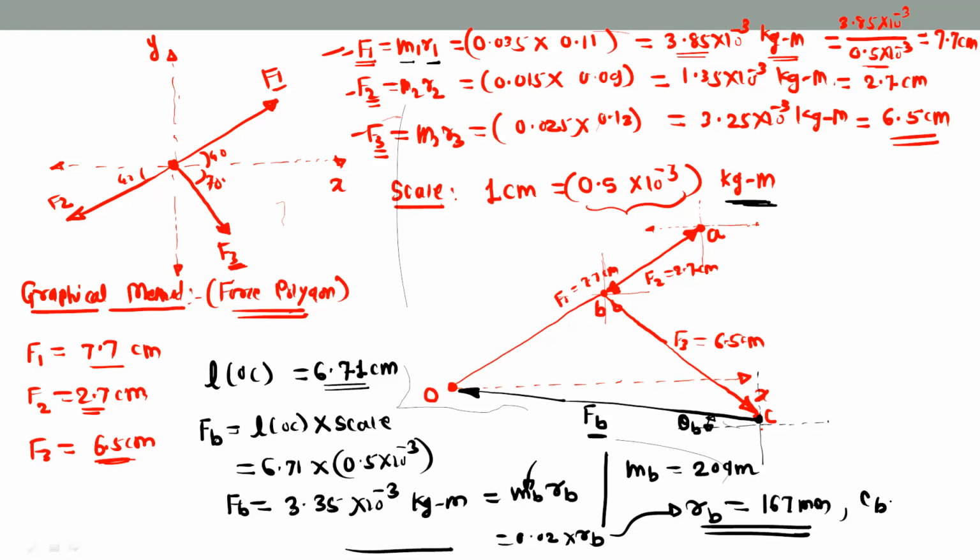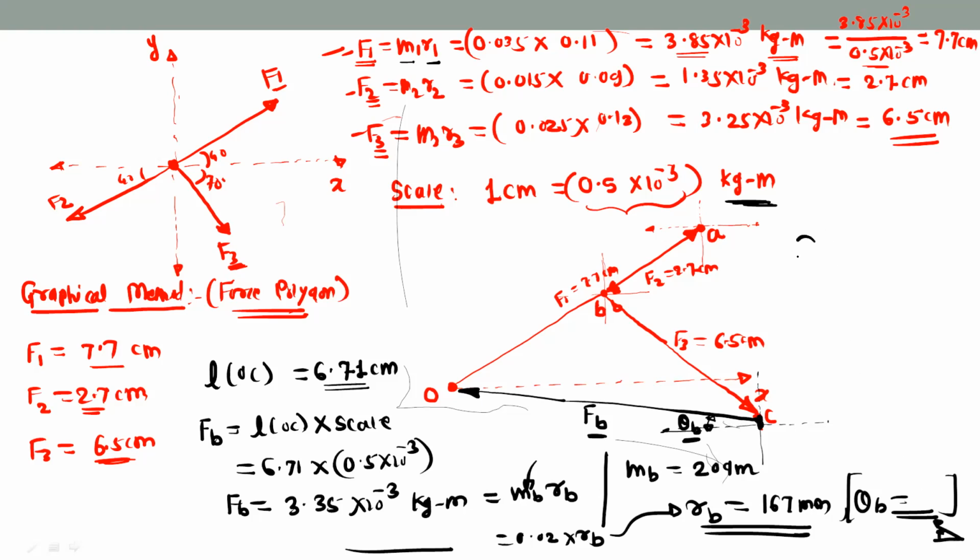And the angle theta B, okay, so I don't have the answer for this theta B, just measure the theta B. So measure this theta B with respect to the negative x-axis, and you can mention here the direction like this.